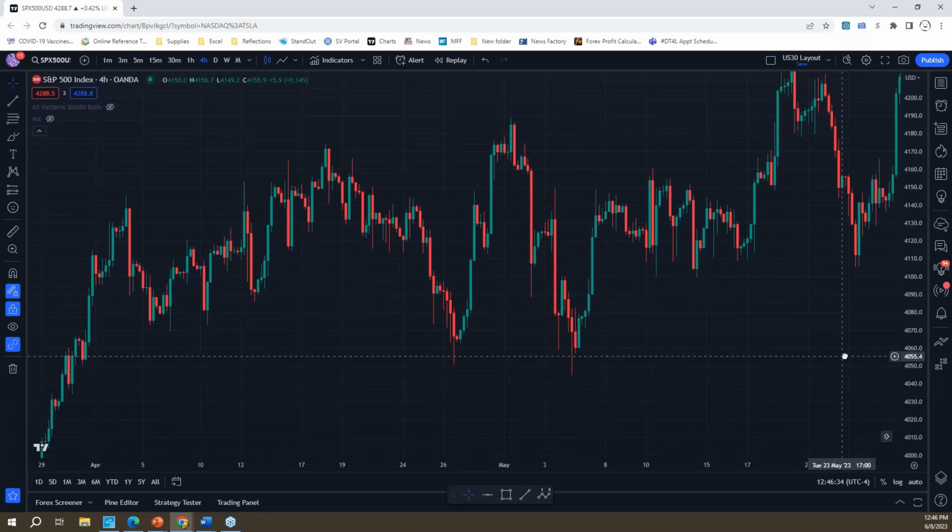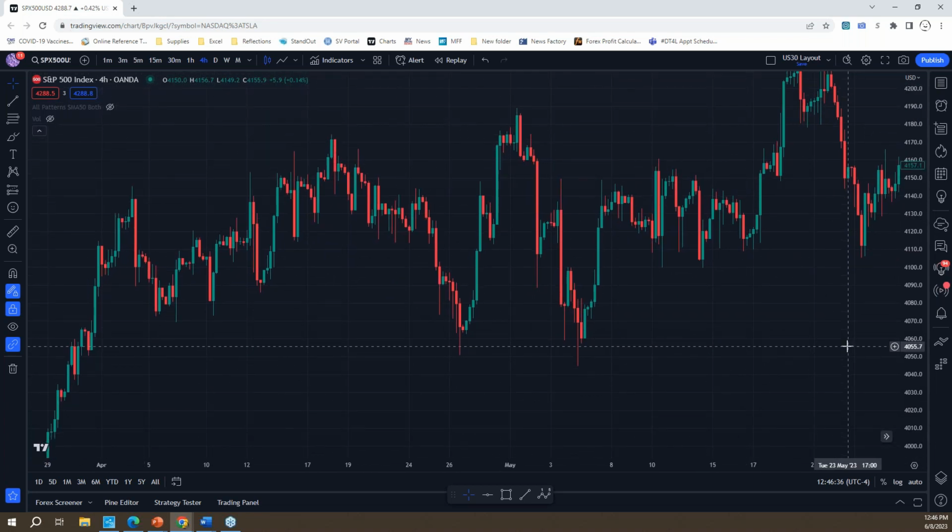And so if I were to identify my 4-hour zone, I'm going to look for a place where the market clearly broke through an area, and after it broke through, there was continuation of that trading direction.